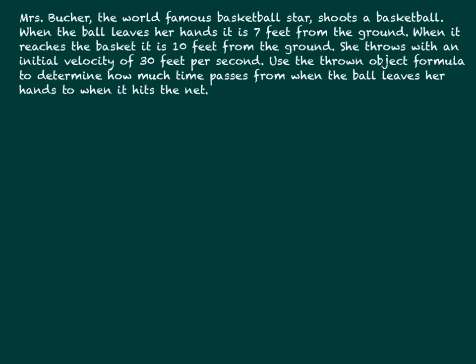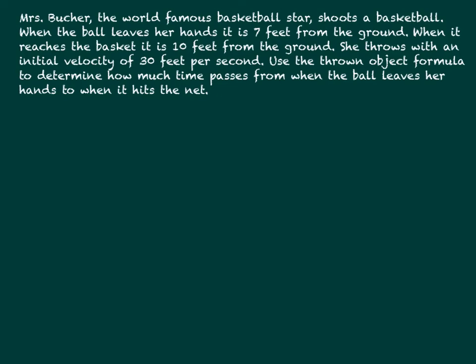Okay, kids, this last example is a word problem. It's your favorite kind, I know. So I'm going to read it to you just in case you can't read. It says, Mrs. Butcher, the world's most famous basketball star, shoots a basketball. When the ball leaves her hands, it is 7 feet from the ground, because she has a really high jump. When it reaches the basket, it is 10 feet from the ground. She throws with an initial velocity of 30 feet per second.